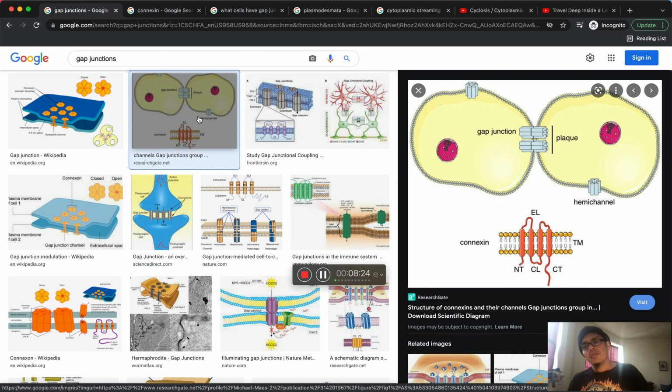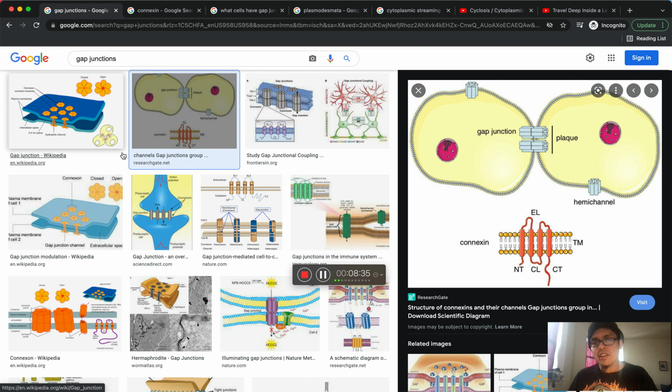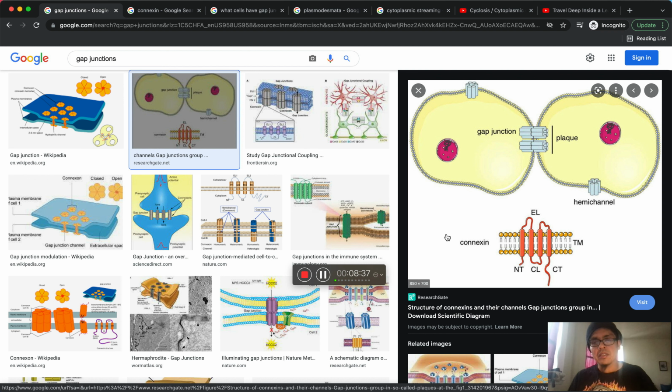And then the most interesting use to me personally of these gap junctions is the control of one cell's activity by another cell. A real example of this is say a virus is infecting the body, right?